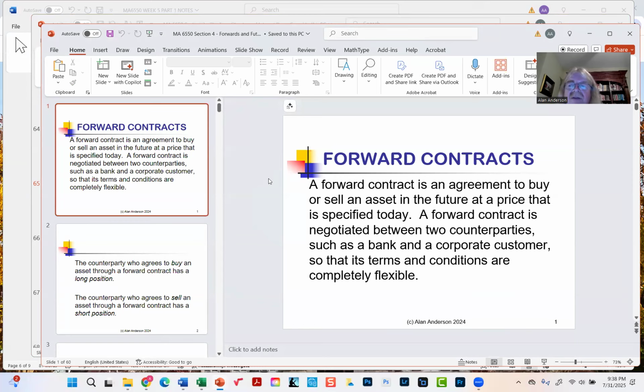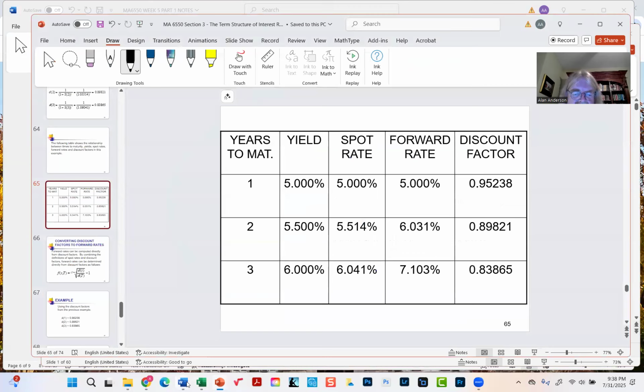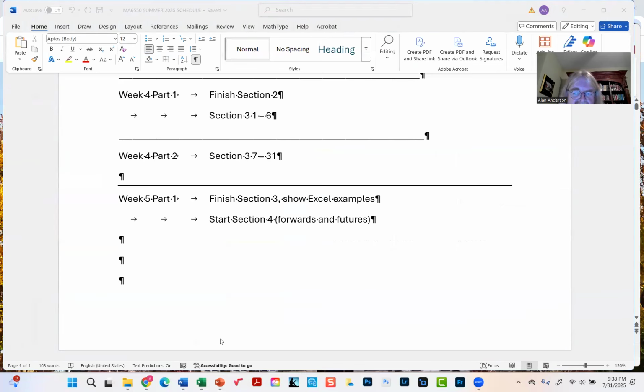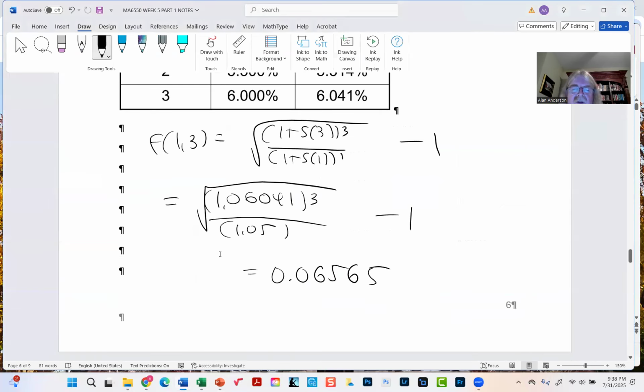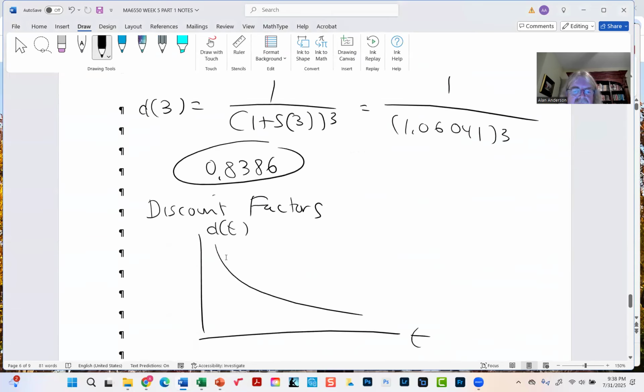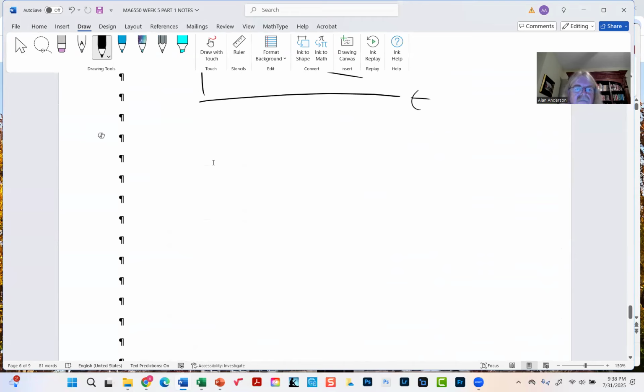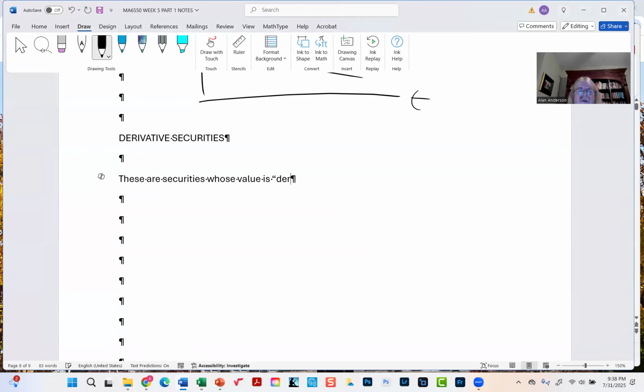So keep in mind that derivative securities are all designed to do one thing. Not that they have to be used this way, but this is what they're really intended for. These are securities whose value is derived from an underlying asset.